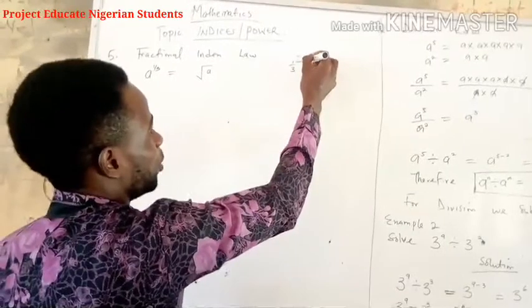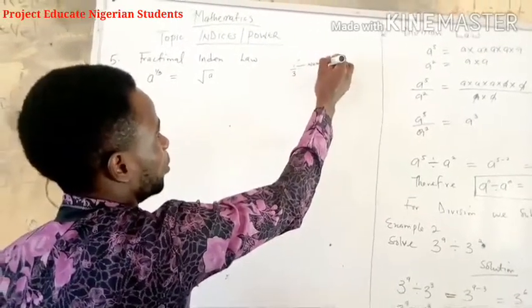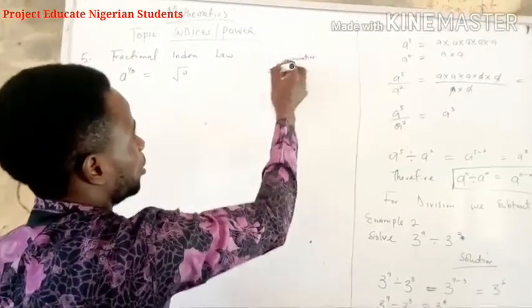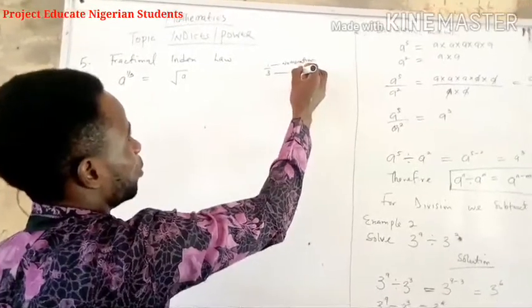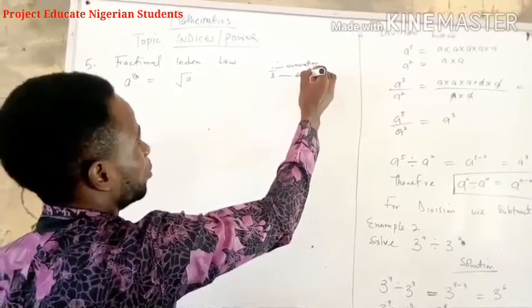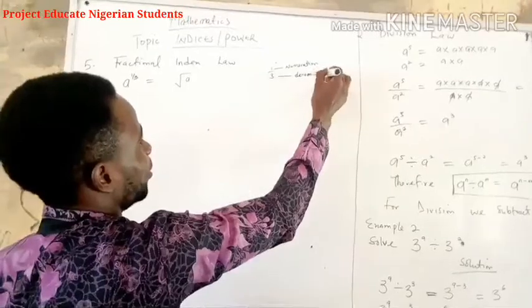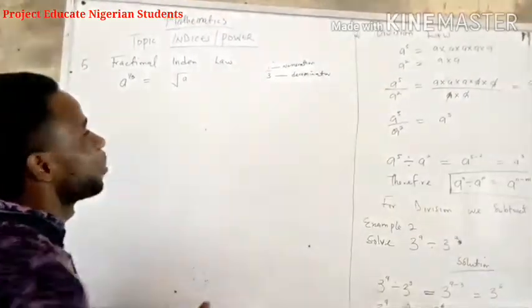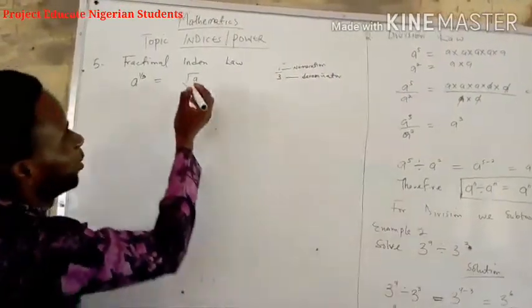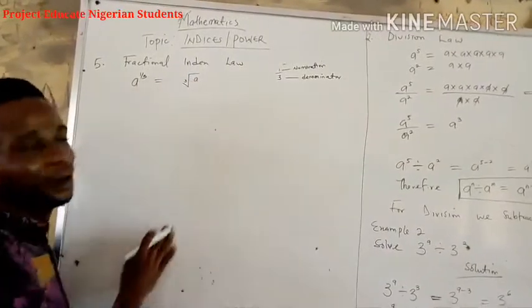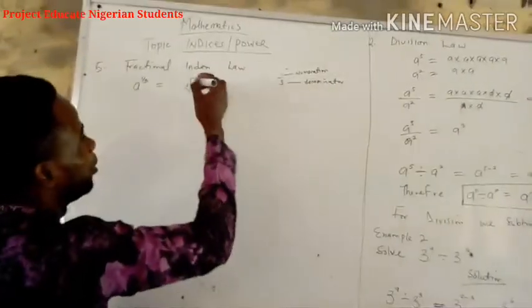This is your numerator. And this your denominator. Okay? Now your denominator should be here, while your numerator will be the power.